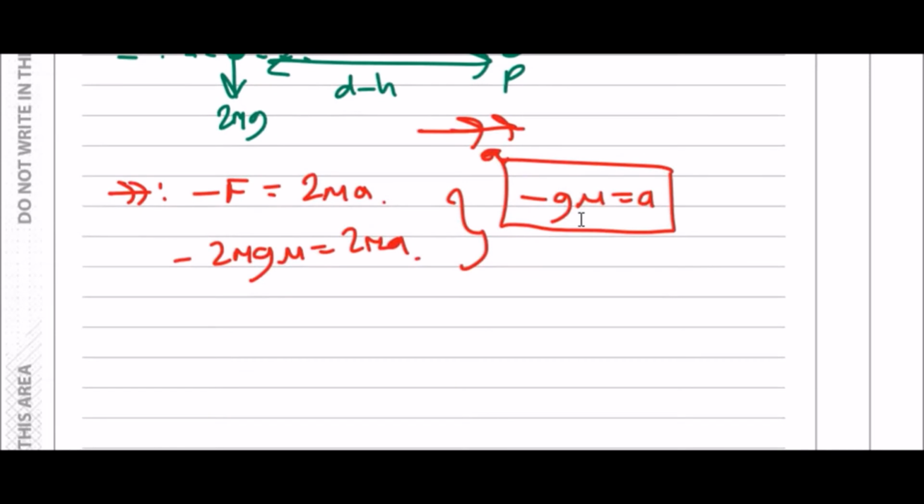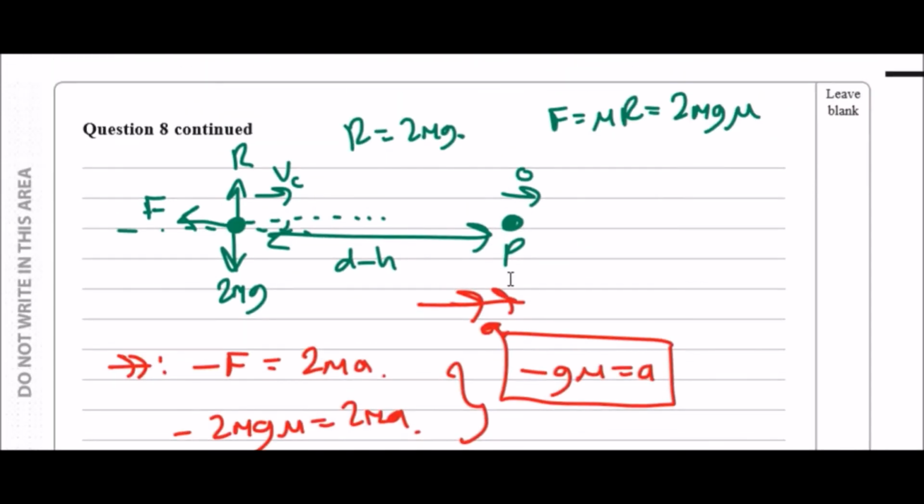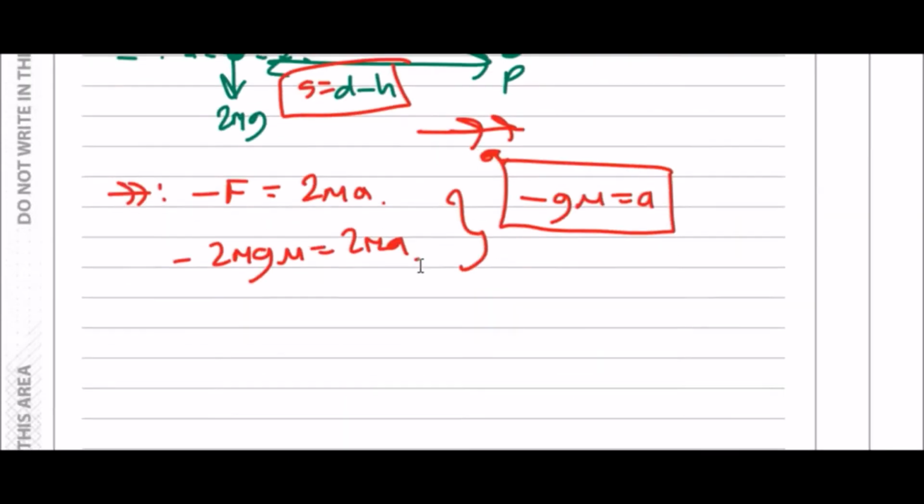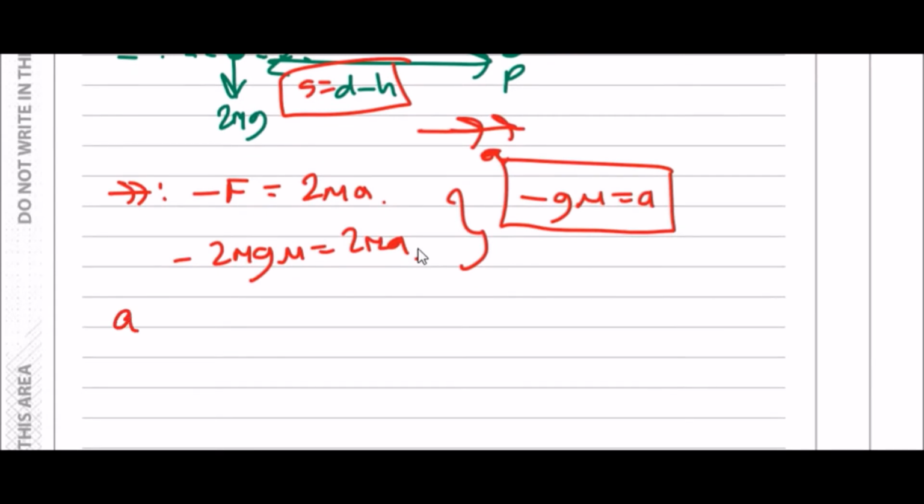So let's label everything. That is the new acceleration. So now we have the acceleration, check, the distance s, check, the initial speed vc, check, and the final speed 0. Perfect. Let's write it again here. So this was d minus h.